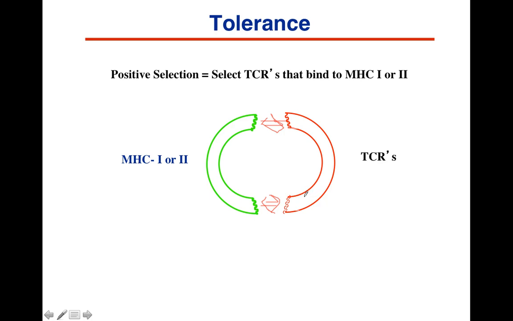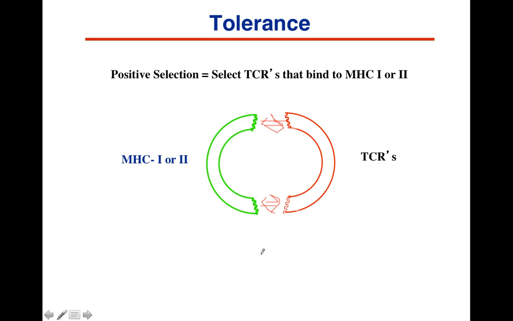If you go back to the structures we looked at previously, remember the loops. There are loops on the outer area that interact with the alpha helices on the MHC1 and MHC2, and those alpha helices interact with the T cell receptor loops. And so these interactions need to be positively selected for.